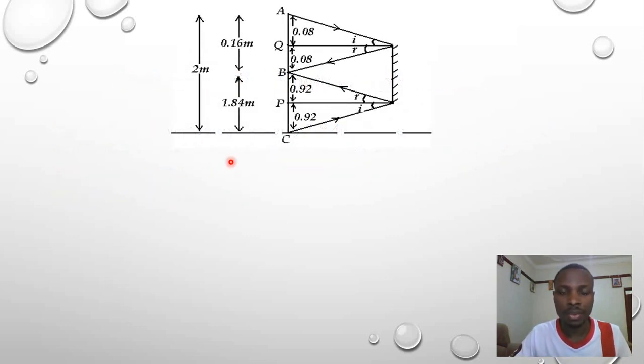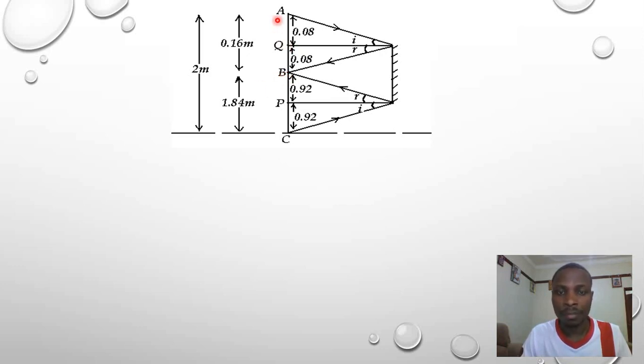So we have this man who is 2 meters tall, and that is AC, and his eye level is 1.84 meters above the ground. So it implies that this B is the eye level.